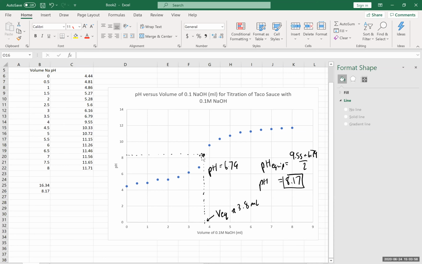Once my line intercepts my plot, I go down and extrapolate to the volume, and I just read off the volume from my graph. So in this case, this volume is about 3.8 mL. Does that make sense? Yeah.